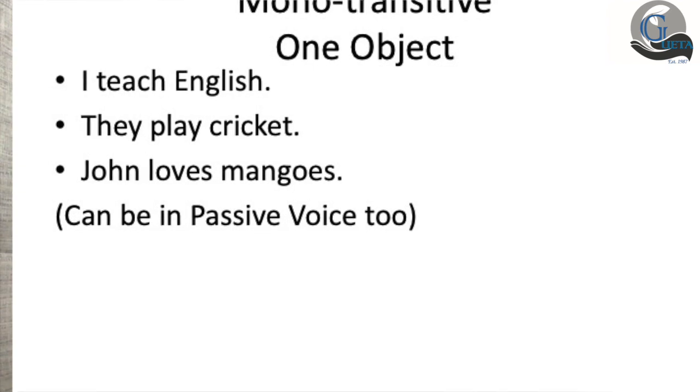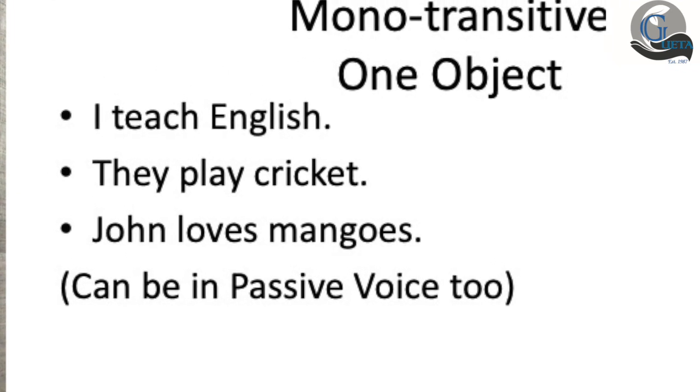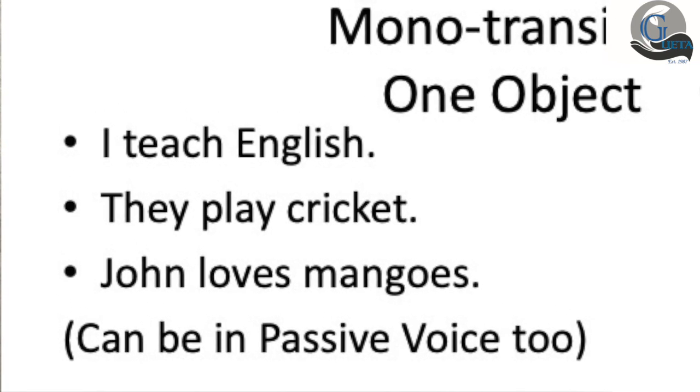Because I am not English. I teach what? I teach English. They play cricket. Hamid bought a book. John loves cricket. All these are examples of SVO. Very, very simple, my dear students.